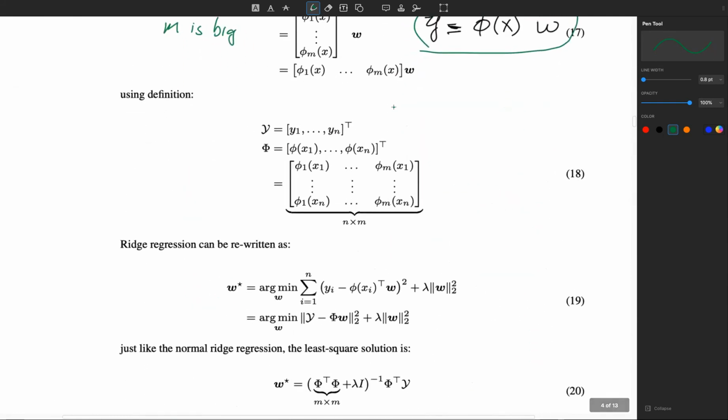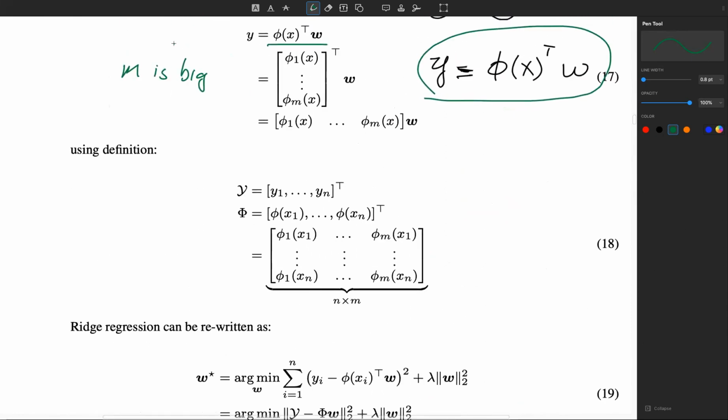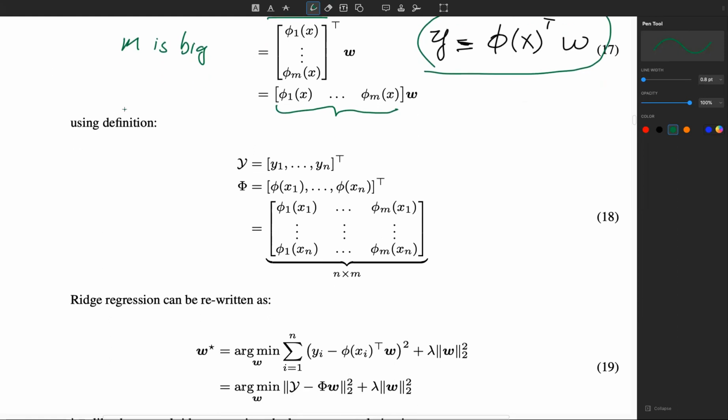You all know that I can write them out in this form. So this is essentially just an M dimensional row vector, and that's a column vector. Okay. So this is the y I have.